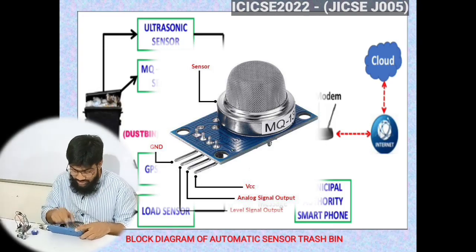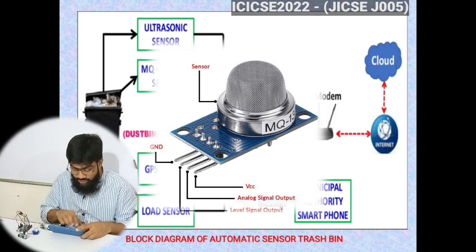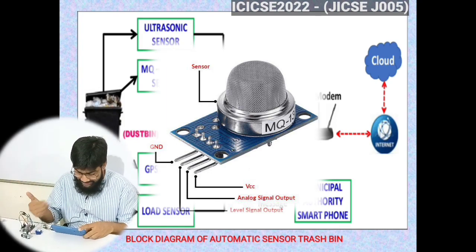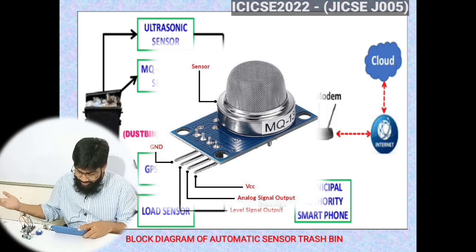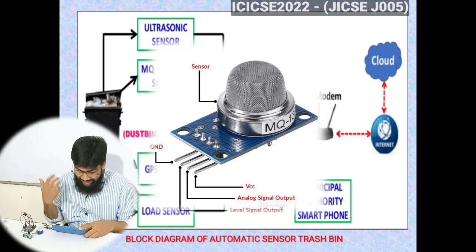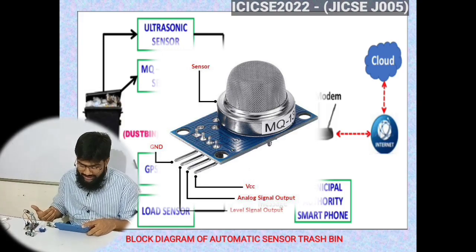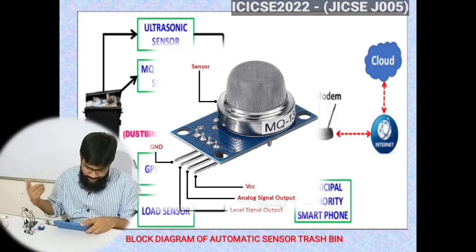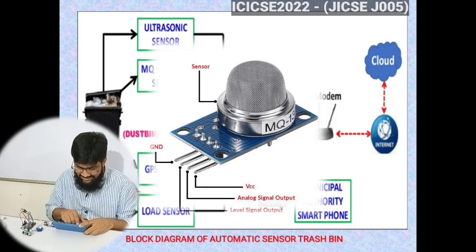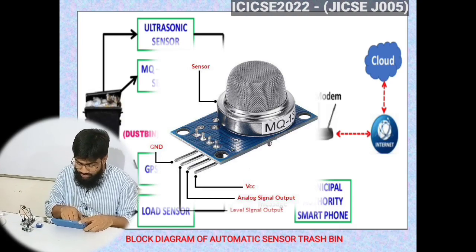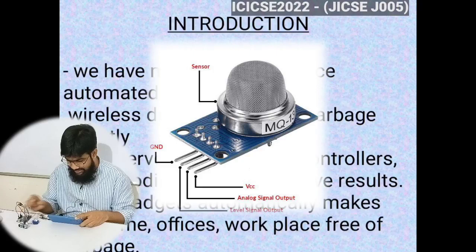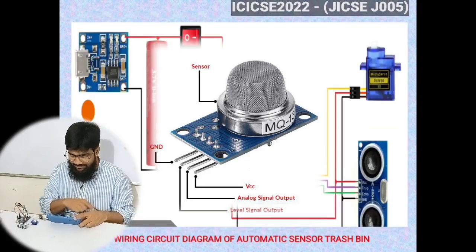The gas sensor sends a signal to the ESP module, from the ESP module to the Wi-Fi modem, your local ISP, internet service provider. From that it goes to the cloud, and you get the messaging signal which is given to the municipal authority. And you will also have a GPS sensor and a load sensor, which give you the location and the emptying of the bin. Okay, let's go to the next slide.